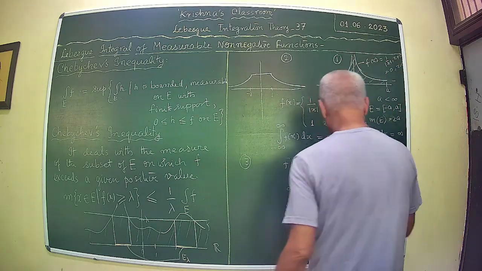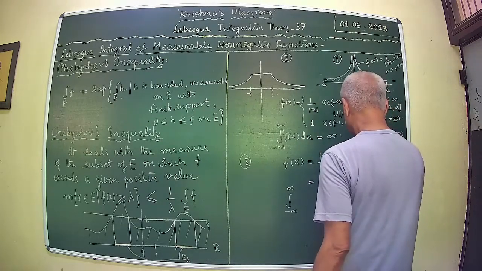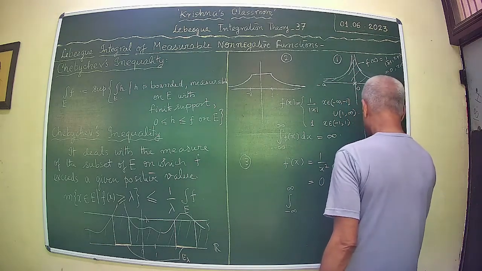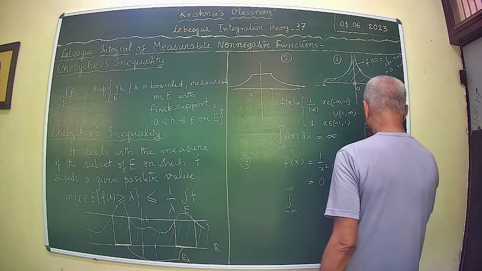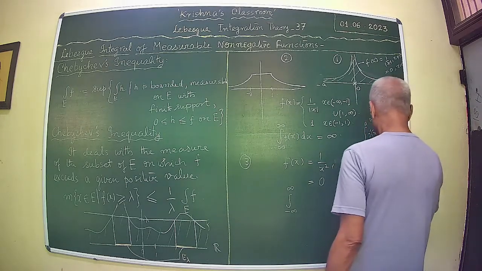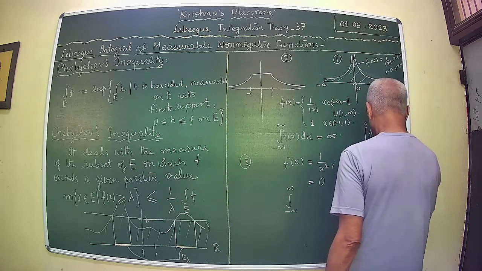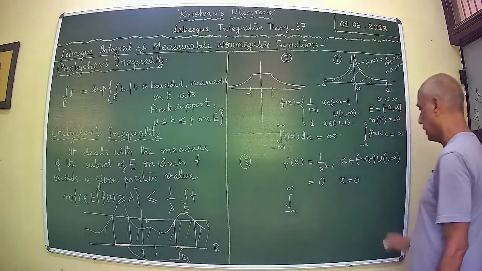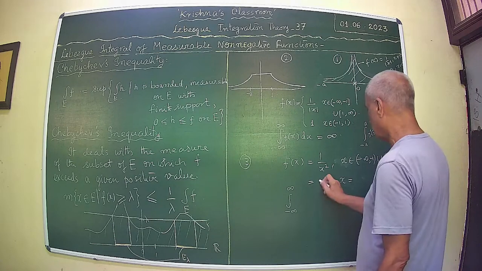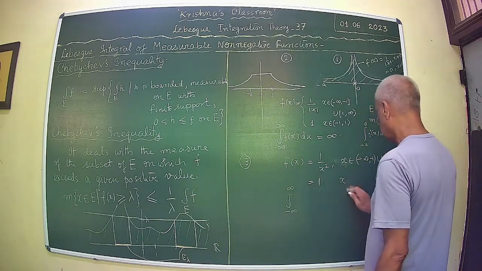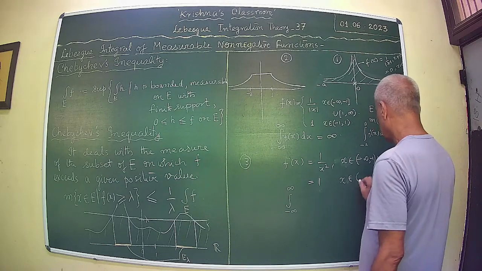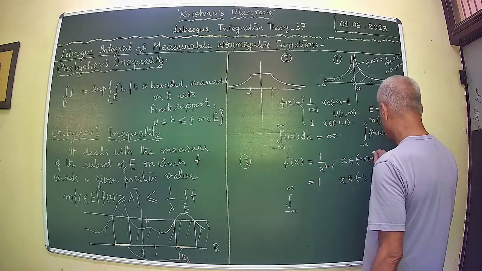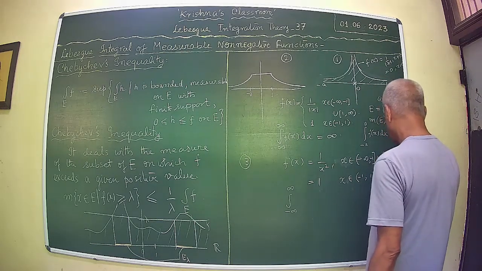Sorry, I think I'll take this way, x belonging to minus infinity to minus 1, and 1 to infinity on this side, and this function I take as 1 for x belonging to minus 1 to 1. This is a continuous function.